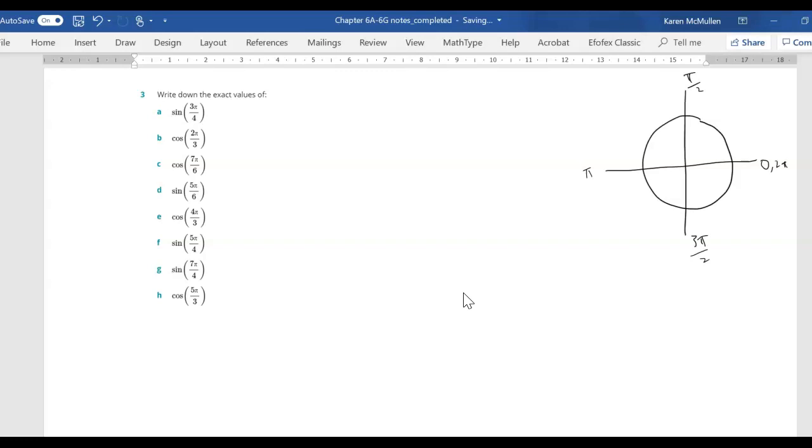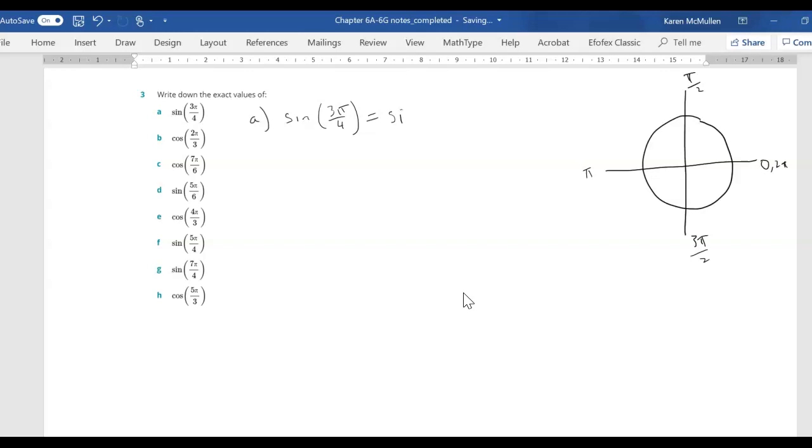Okay, so sine of 3 pi on 4. Let me just rewrite it here. When we forget about the pi part for now, 3/4 is the same as 1 minus 1/4.